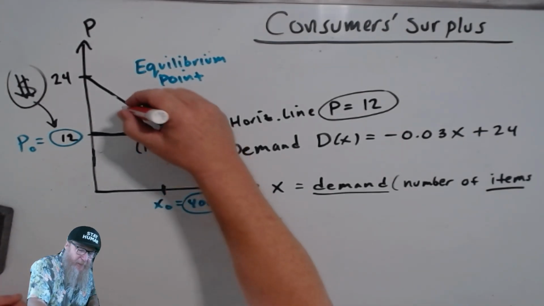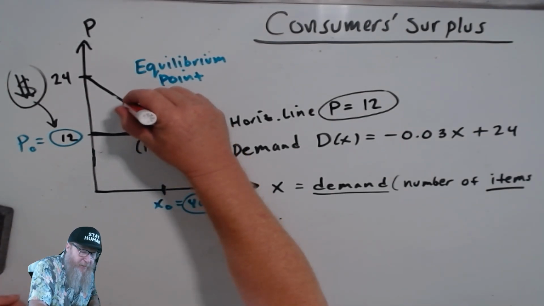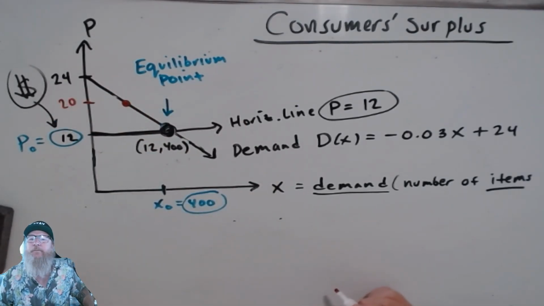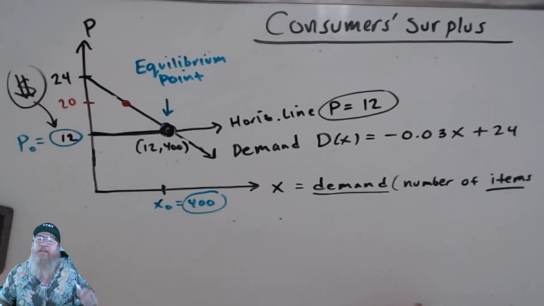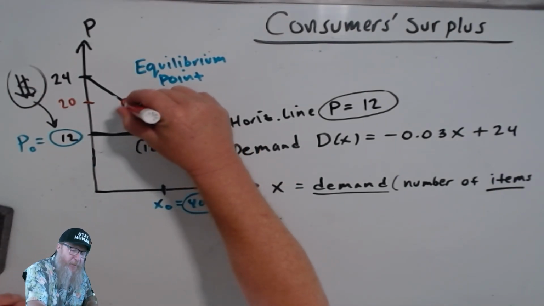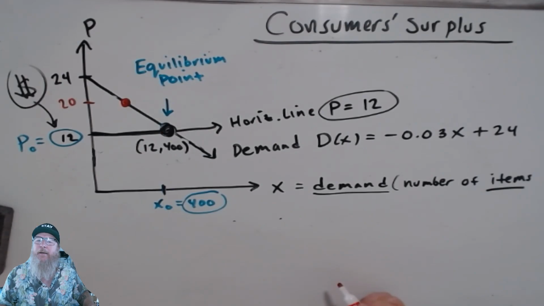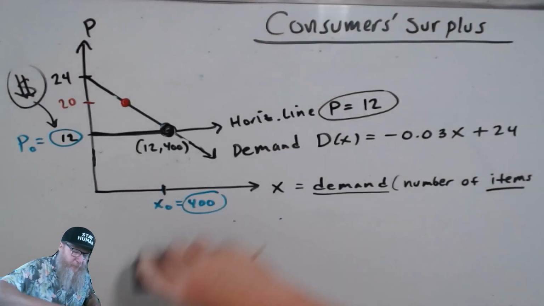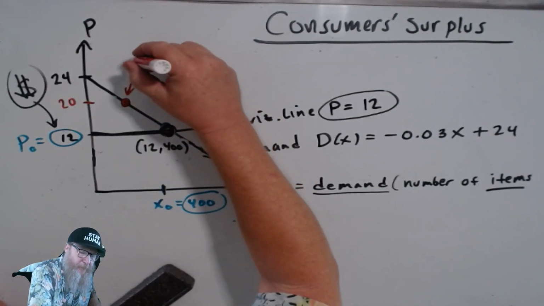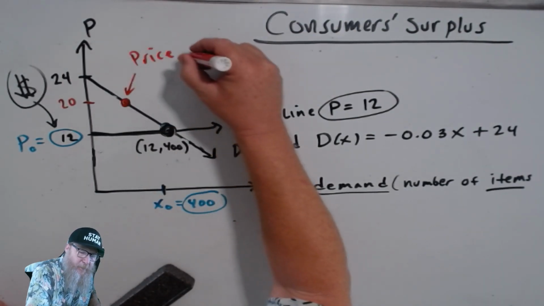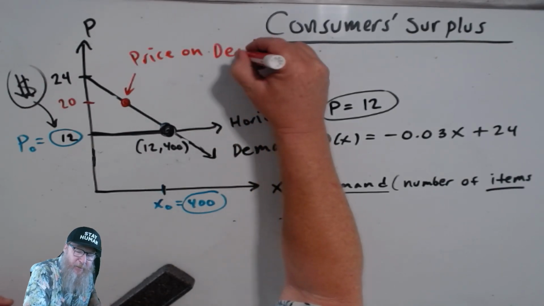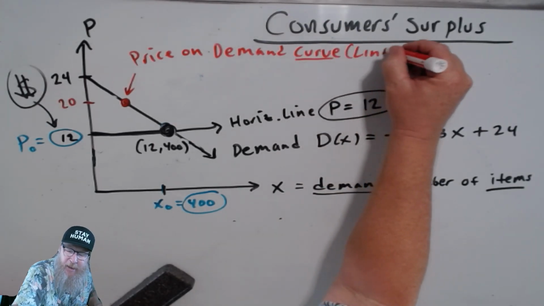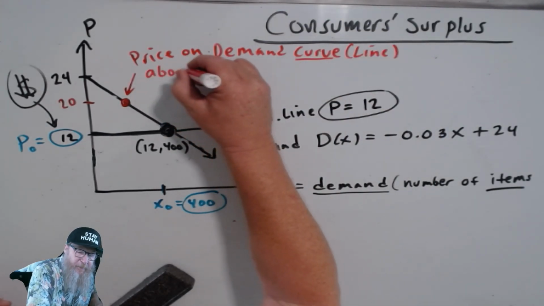Suppose the price was $20. And again, my graph doesn't have to be to scale. So suppose the price is $20, which is above the equilibrium point on the demand curve, and again, we call it a curve when it's really just a line.